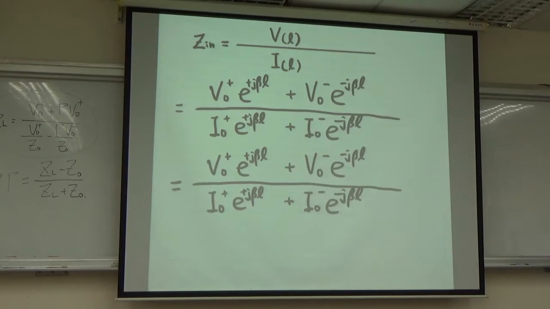I change I0 plus and I0 minus according to the definition of Z0. So this one will become V0 plus over Z0 plus, minus V0 minus over Z0. Okay?